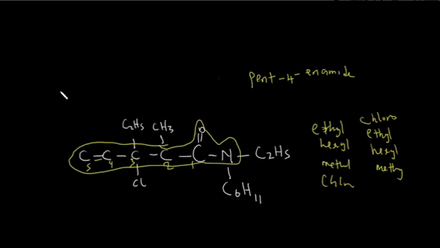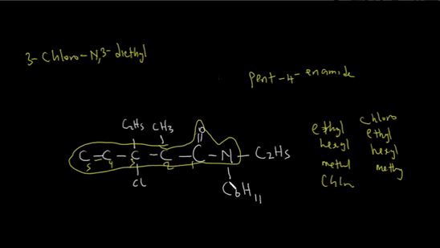And now let's name it. Chloro, where is chloro? Chloro is on number 3. So that's going to be 3-chloro. Then we go to ethyl. Ethyl is both on N and on 3. So that's going to be 3-chloro-N,3-diethyl.